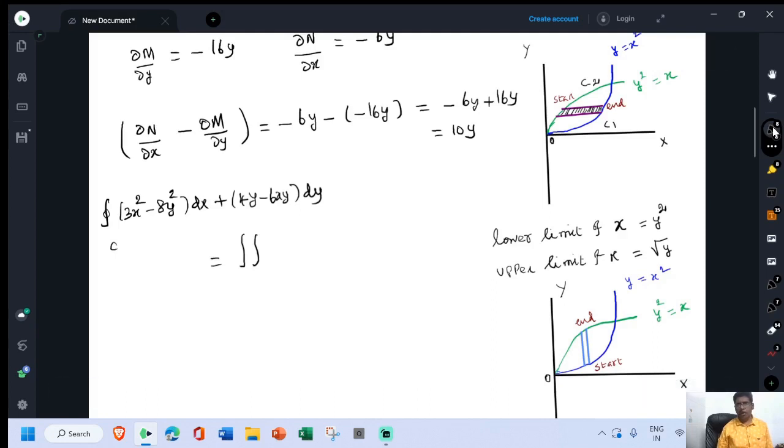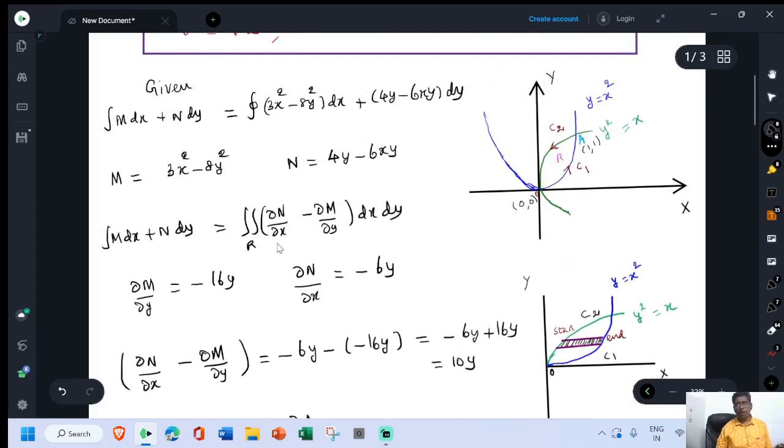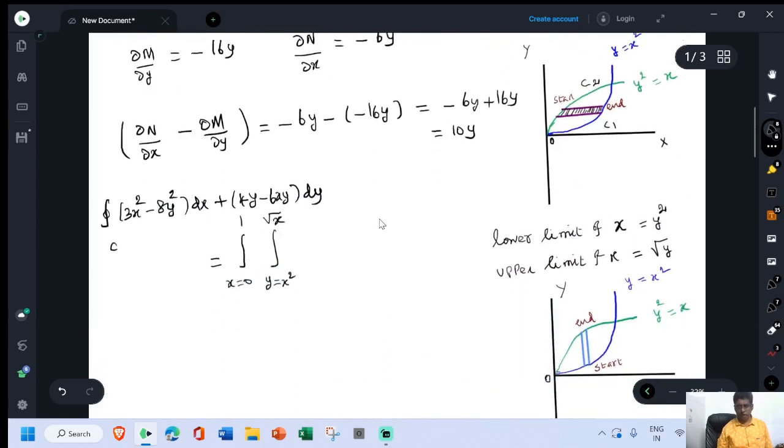Here we have to put the lower and upper limits: x equal to 0 to 1, then y equal to lower limit x square, upper limit root x. Substitute the value of ∂n/∂x minus ∂m/∂y, which is 10y, into dx dy.